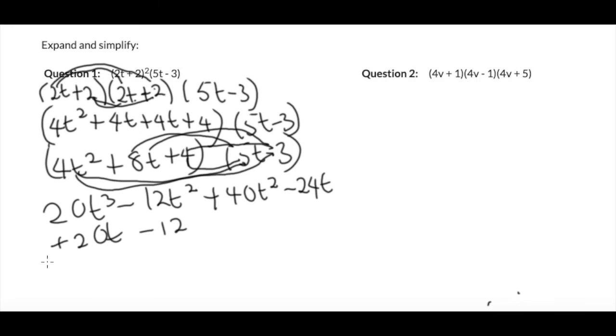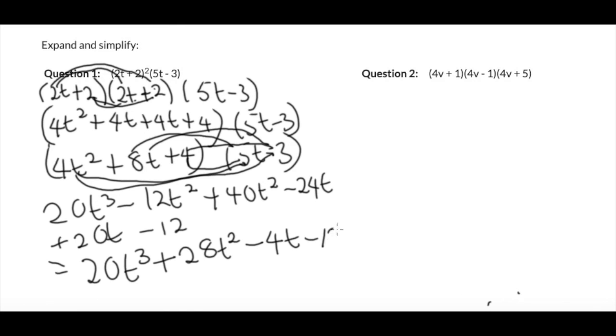Then you simplify this, so that would be 20t cubed plus 28t squared. Then you do minus 24t plus 20t, which will give you minus 4t, and then minus 12. So that will be your answer.